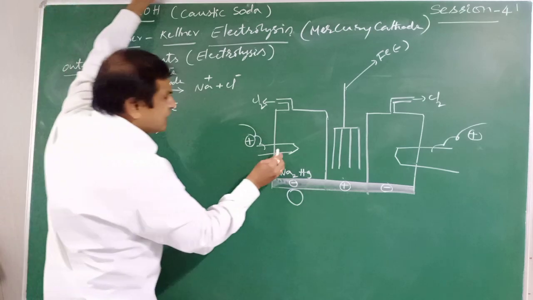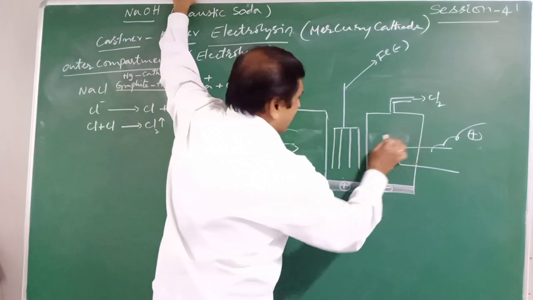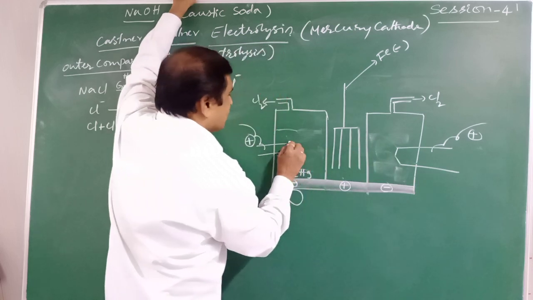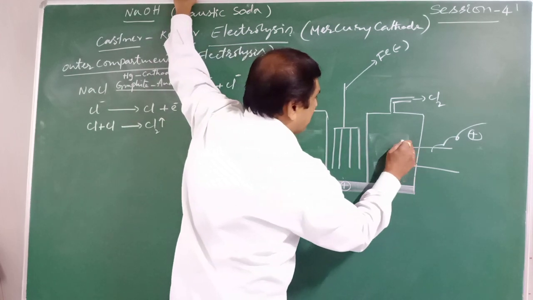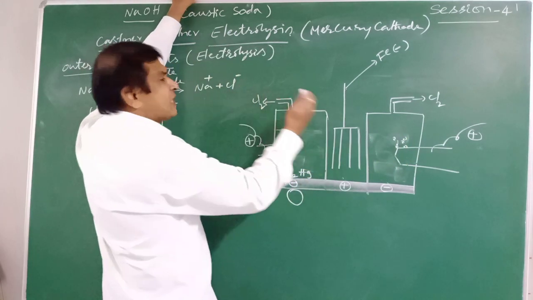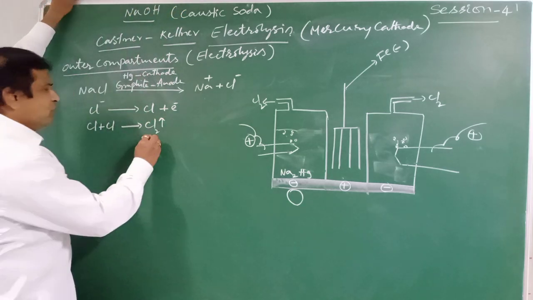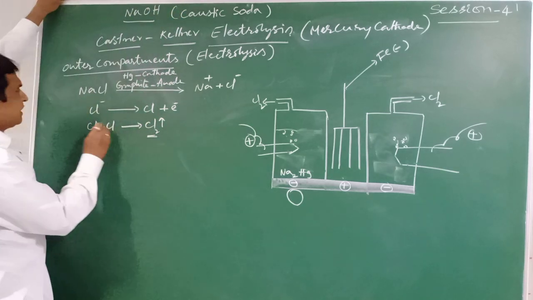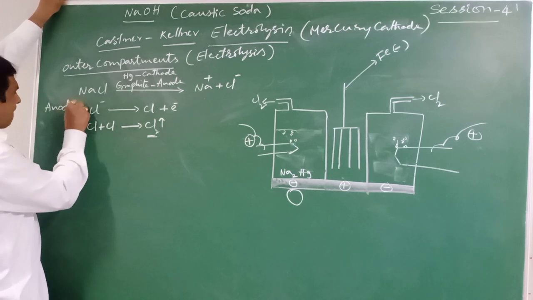During electrolysis, the chlorine gas is bubbled at the graphite anode. The liberated chlorine gas escapes through the side tube and is collected into the chlorine cylinders. This is the anode reaction.